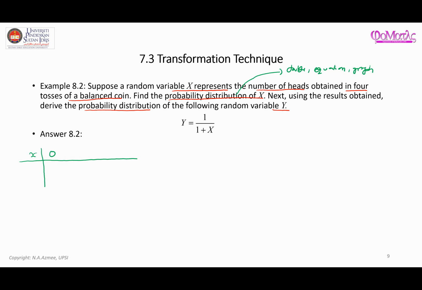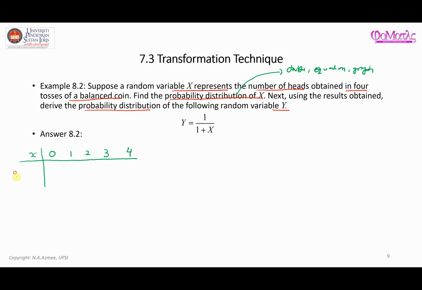So 4 tosses with 4 tails means the number of heads is 0. Of course, you may get 1 head, 2 heads, or 3 heads, and the maximum number of heads is going to be 4, if every time you toss it, you get head.